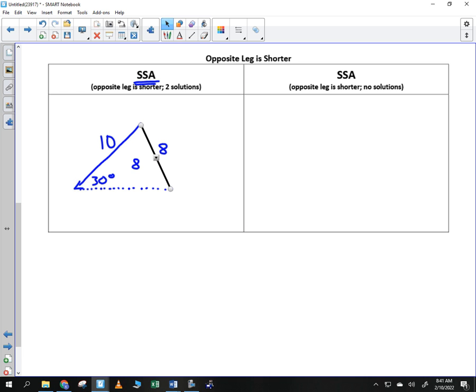Okay? All right. To help you understand how that sets up, we're going to set up the law of sines so you can see what's going on here. Sine of what over what? Sine of 30 over 8 is equal to sine of C over 10.